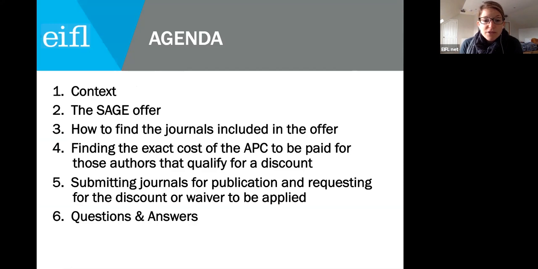And then I'll hand over to Rebecca, who will show us in detail how it works when you submit to a journal for publication and where you need to put in the discount code. So we've got screenshots on that, and we'll walk you through the process. And then we've got, like I said, lots of time for questions at the end.